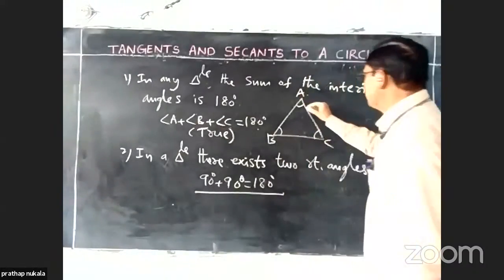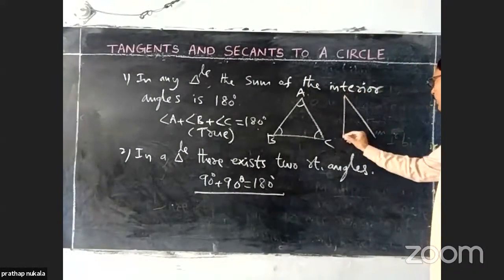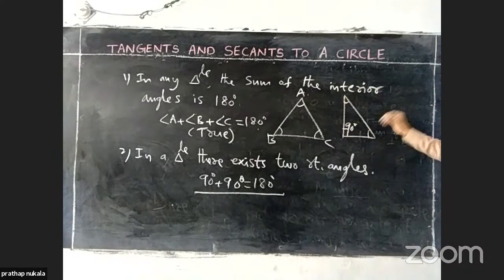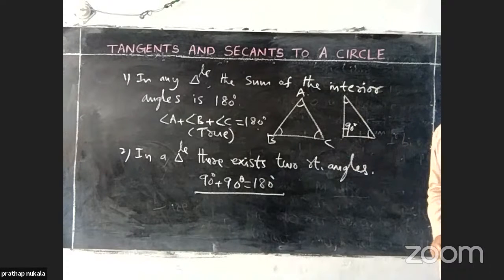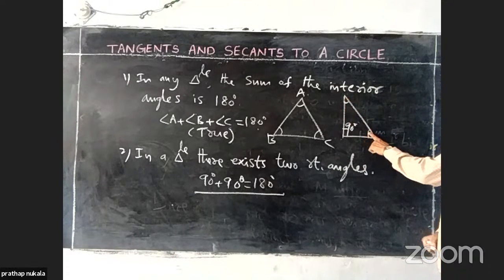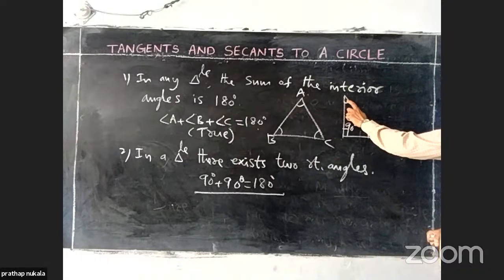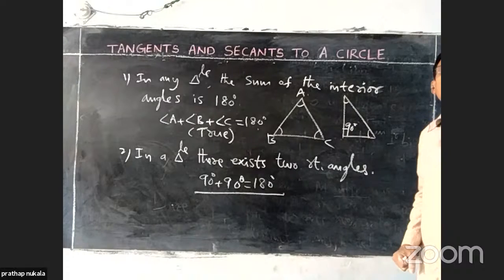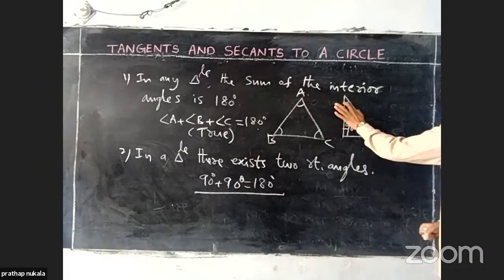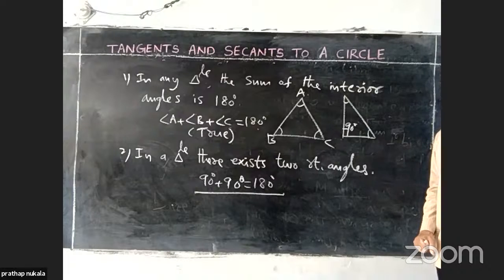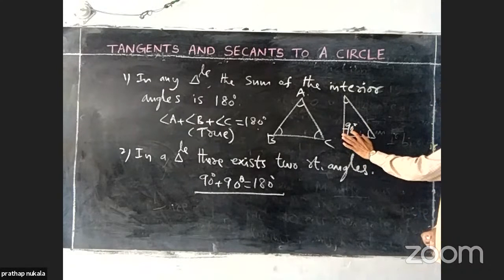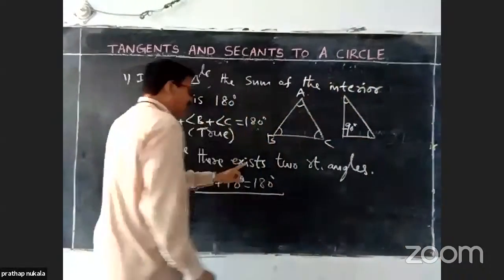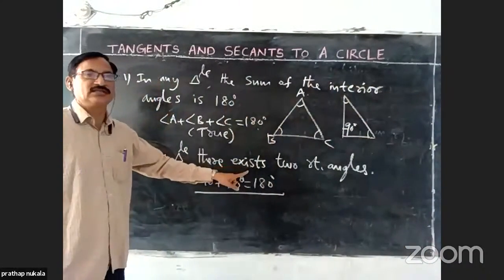If one angle is 90 degrees, then the sum of the other 2 angles will be 90 degrees, so every angle must be less than 90 degrees and cannot be 90 degrees. Therefore, only one right angle can exist in a triangle.